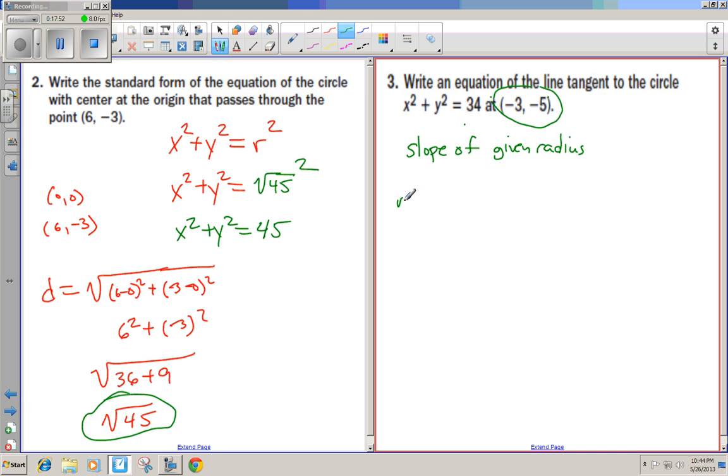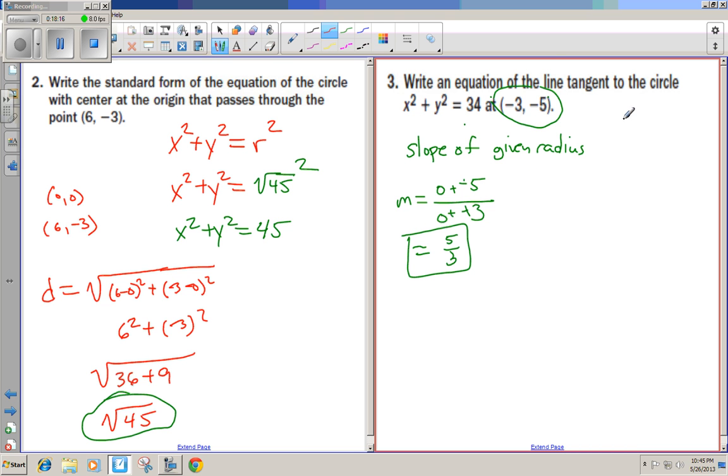That means m of that radius is 0 minus negative 5 over 0 minus negative 3. So my slope, minus a minus ends up being 5/3. This is the slope of the radius.